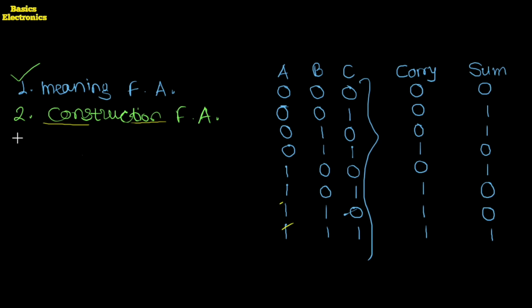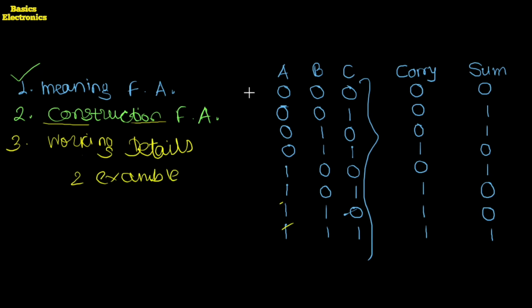After that, you have to write down the working details of the full adder, and for the working details you require at least two examples from the truth table, and then you have to draw the truth table. So first the meaning, then the construction.